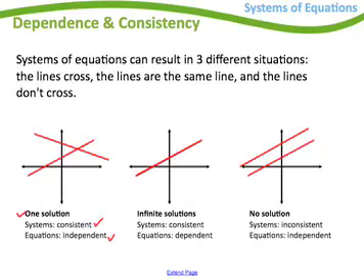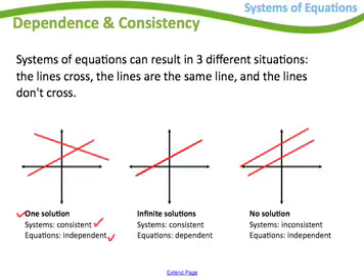Now, if I had a situation where the two lines actually came out to be the identical line, like not parallel like these, but the identical line right smack dab on the other, the equations would be the same.